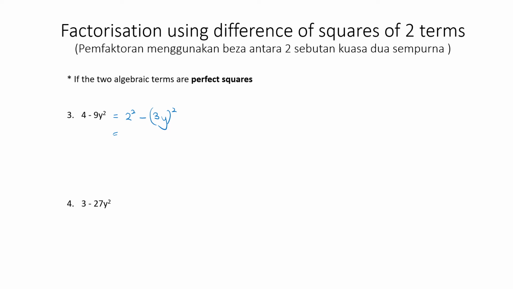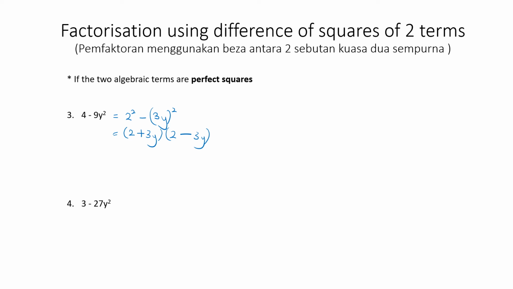And to factorize it, you'll need two brackets with the same terms, which is 2 and then 3y. 3y times 3y, you will get 3y squared. To get a negative, you must have one positive and one negative. So this is the answer.